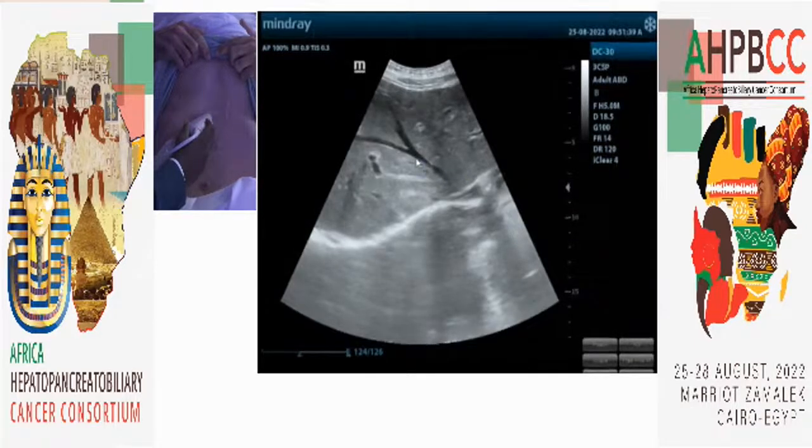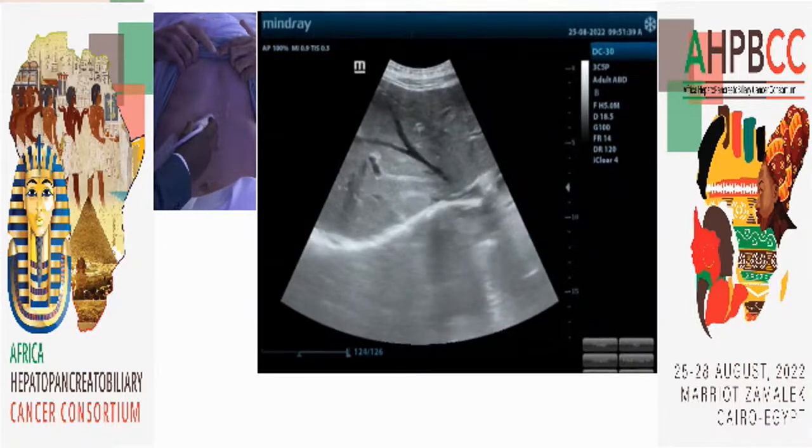So now we are seeing the middle hepatic vein here. All structures on the other side of the middle hepatic vein are structures from segments 5 to 8, and the structures at the other side towards the left of the middle hepatic vein are segments 1 to 4.